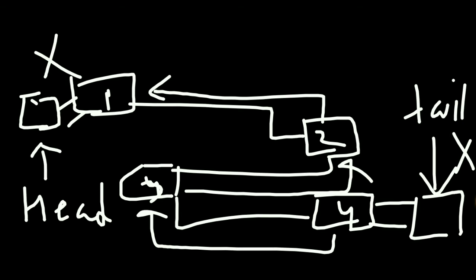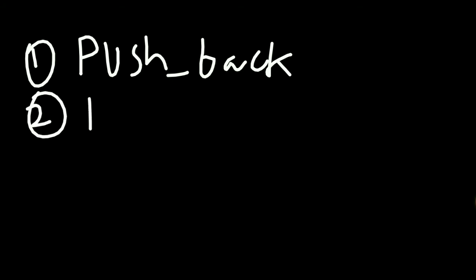So due to these properties, list gives us 4 useful methods. The first one is push back. This method is used for the insertion of data at the tail. The second one is push front.